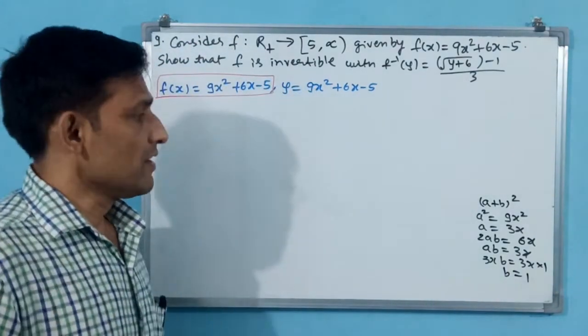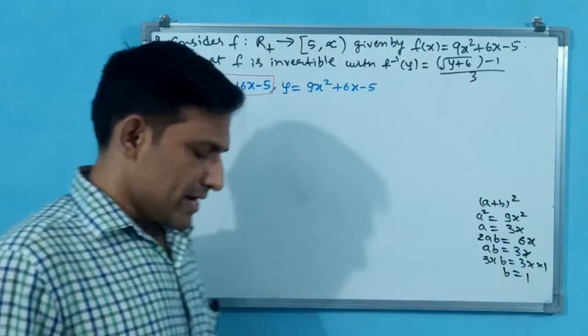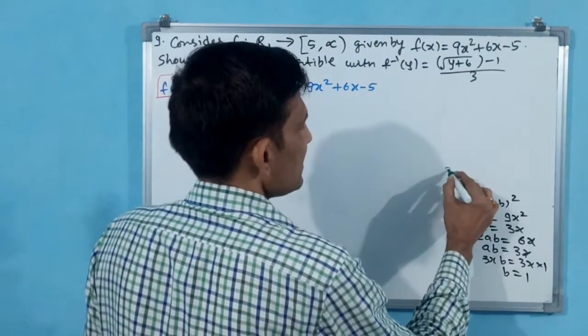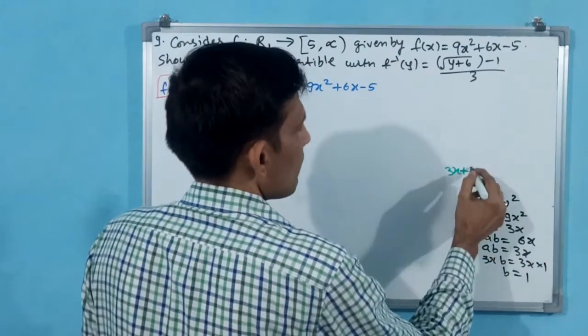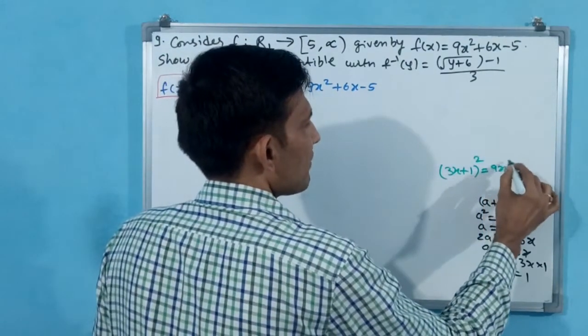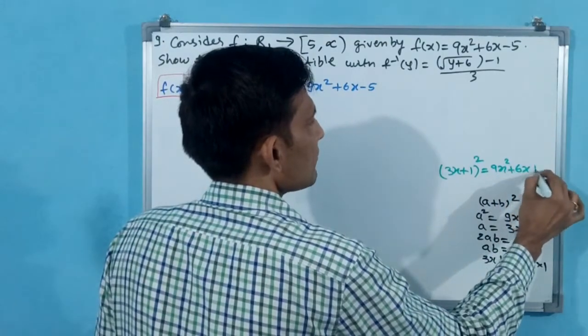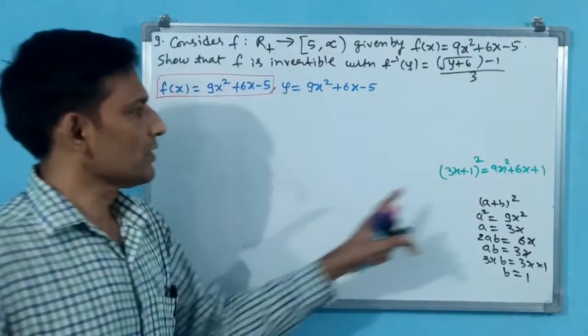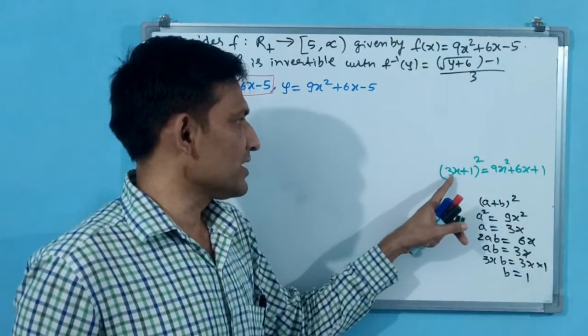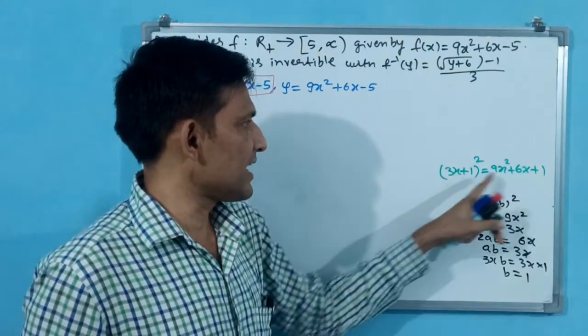Okay, and if you want to write a plus b whole square, that means 3x plus 1 whole square. What will come? 9x square will come, 6x will come, plus 1 will come. 9x square plus 6x, 2ab is 2 into 3, 6 into 1, 6x.